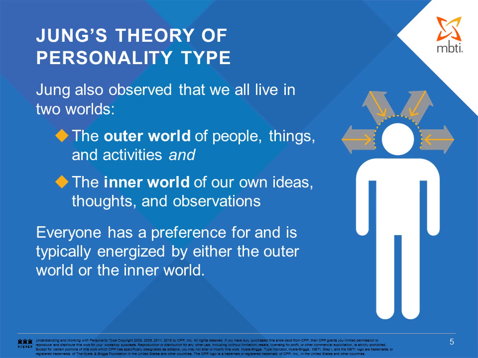Jung observed that we all live in 2 worlds. There's the outer world of people, things, and activities, and there's the inner world of our own ideas, thoughts, and observations. And he believed that everyone had a preference for and is energized by either the outer world or the inner world.